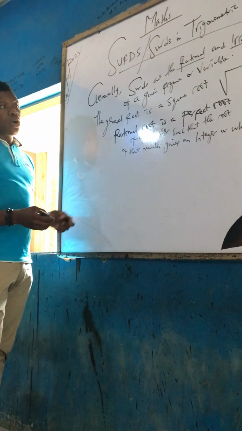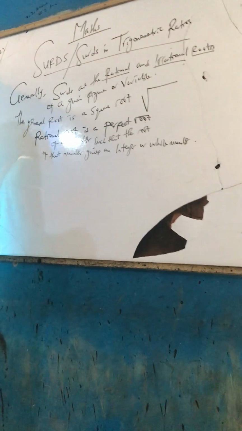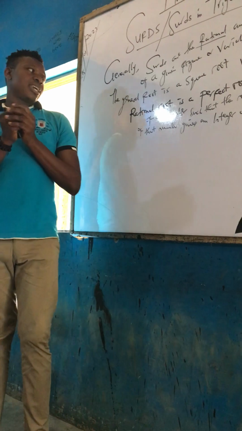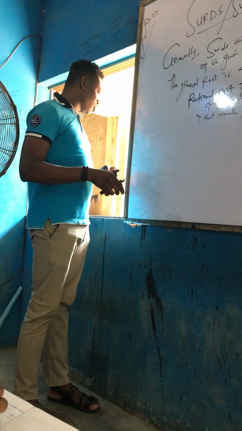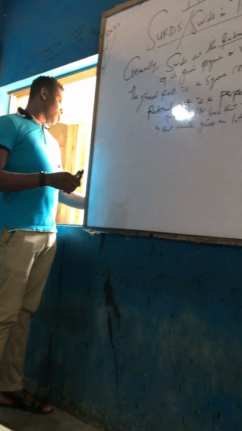That means we are not going to be having decimal points in our value of the root of that number. It must be a whole number.